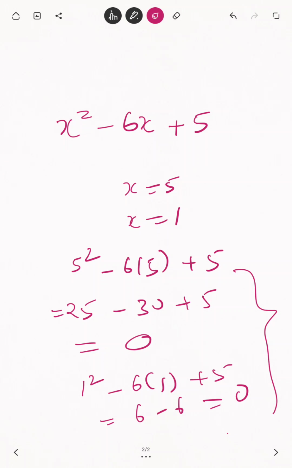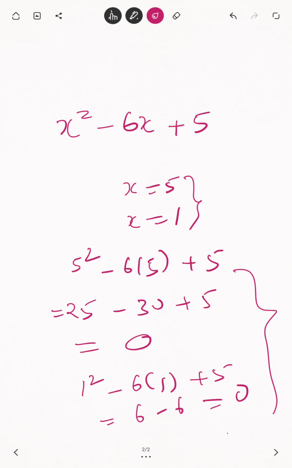That's why in the quadratic equation they call these roots. These values bring 0 in the expression, so that's why they adopted a new name for this. In the quadratic equation they call them roots, but in polynomials they call the same thing zeros. Why? Because if you substitute in the polynomial, it becomes 0.